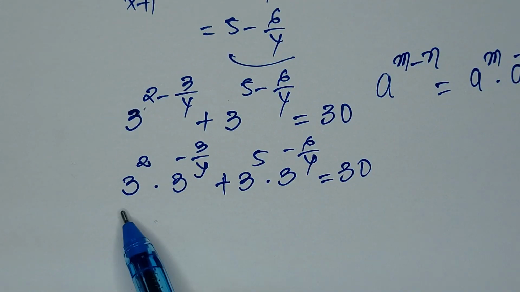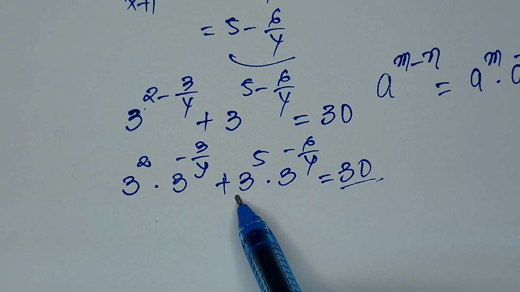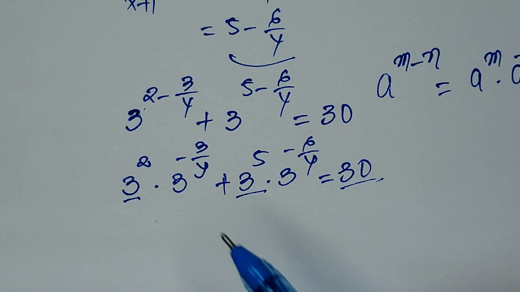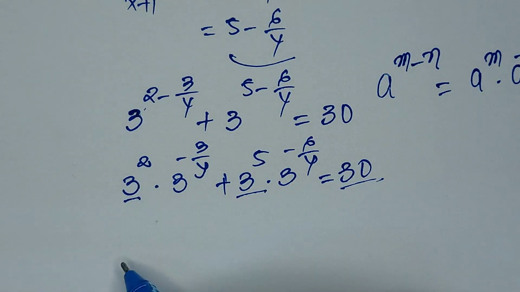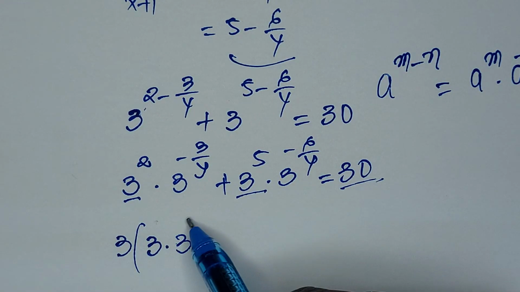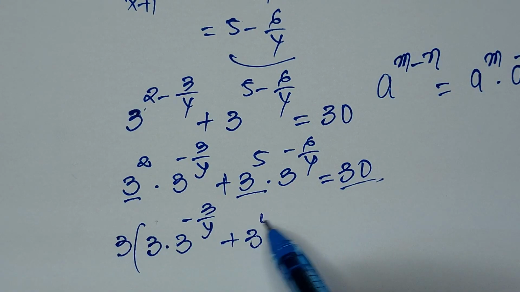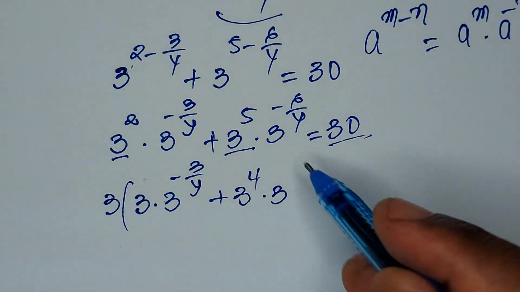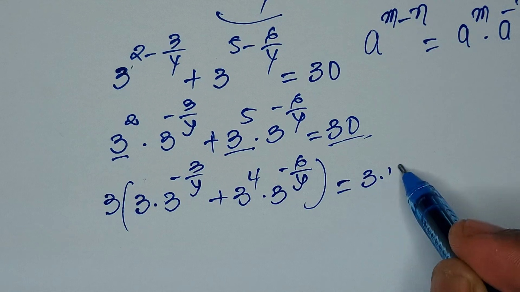I have 30 here, and I have 3 to the 5 and 3 to the power 2. 3 to the power 2 is 9. If I factorize through 3, it's going to be 3 times 3 to the power minus 3 over y, plus 3 to the power 4 times 3 to the power minus 6 over y, equal to 3 times 10.